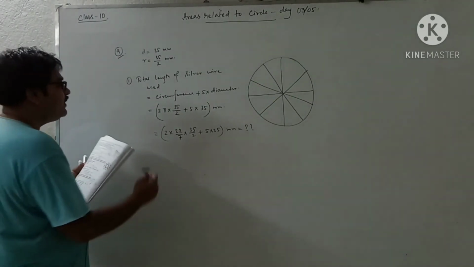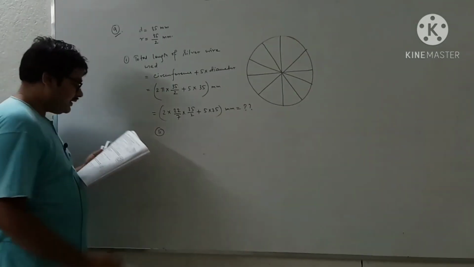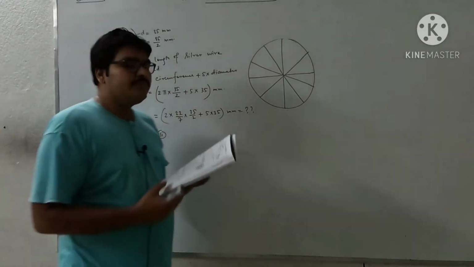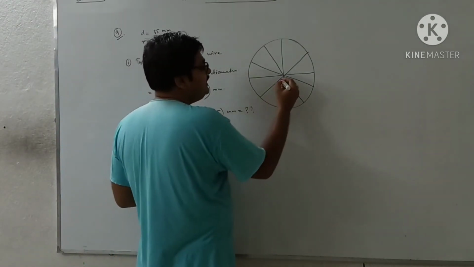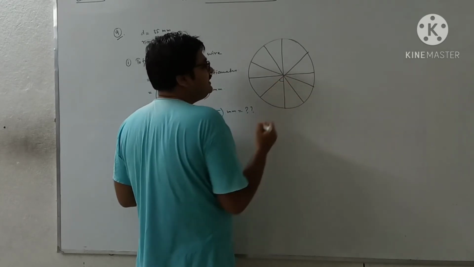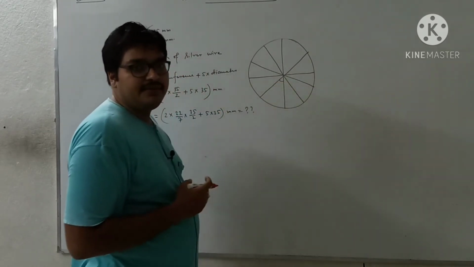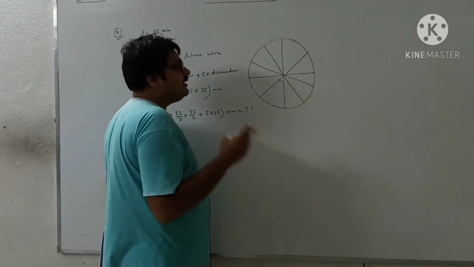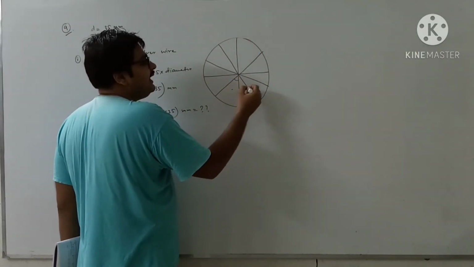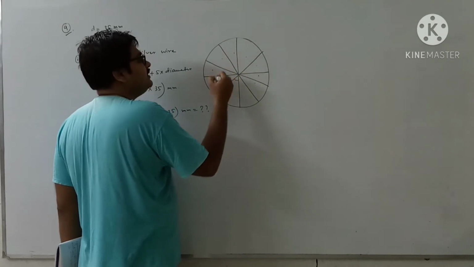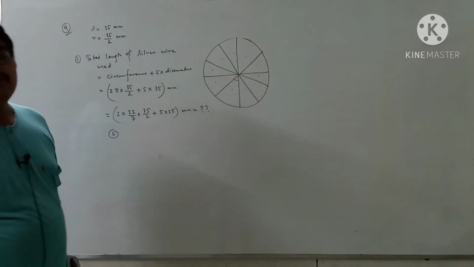What is the second part of the question? Area of each sector of the brooch. Very interesting question. Area of each sector of the brooch. So for each sector I have to find out the sectorial angle. And you can better understand, these 5 diameters have divided this circle into 10 equal sectors. Just count it. 10 equal sectors.